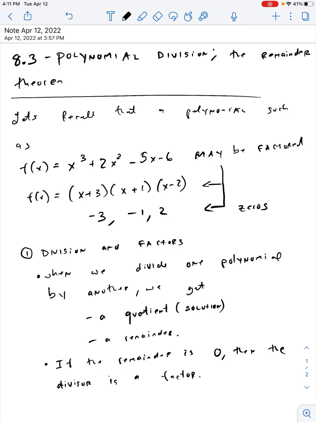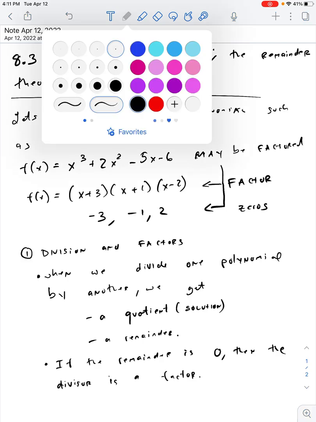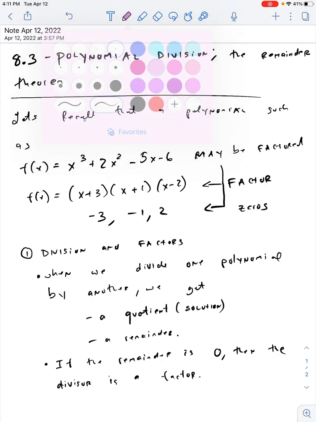All right, so that's going to be really important here, okay? If our remainder is 0, then the divisor is a factor. And let's not forget that our factored form just consisted of factors.